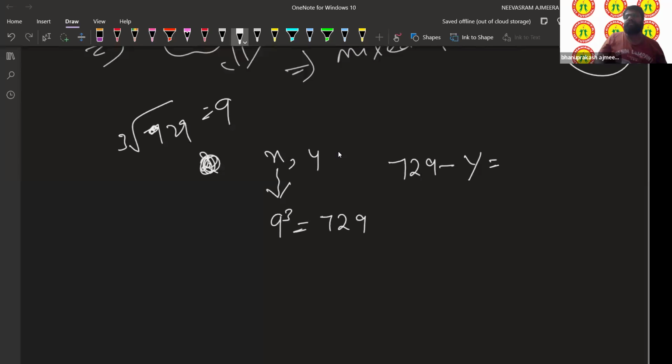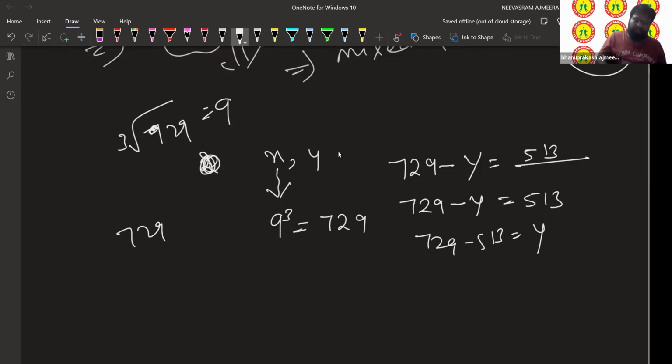They are saying 729 is the bigger number, so 729 minus y is equal to 513. So 729 minus 513 is equal to y. Out of this you will be getting 216 is equal to y. So y is equal to 6 cube, that is equal to 216.